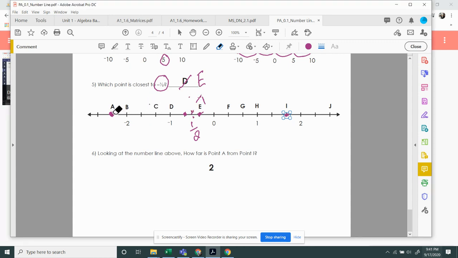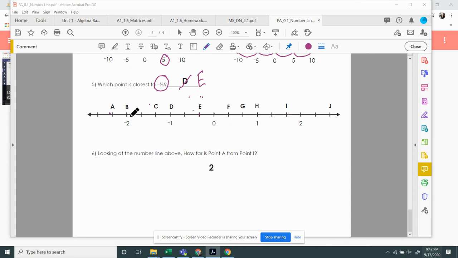You have to really look at these carefully. Okay. So point A to point I.